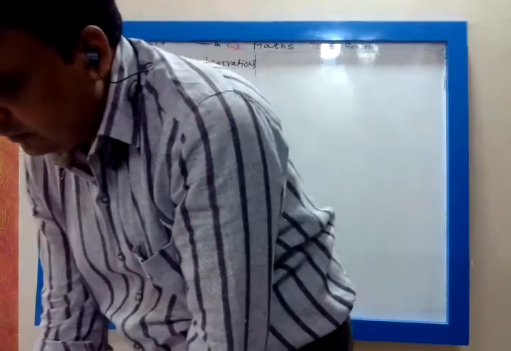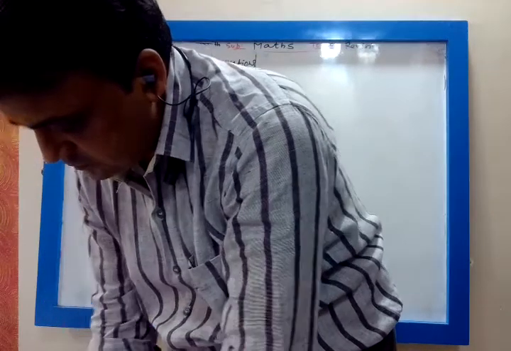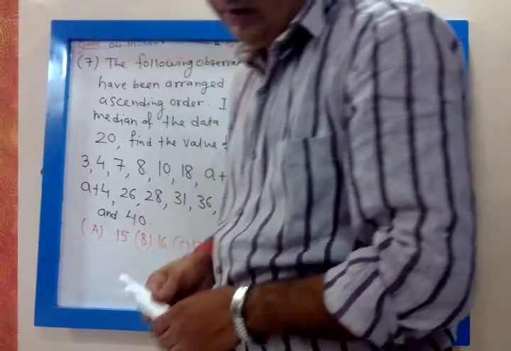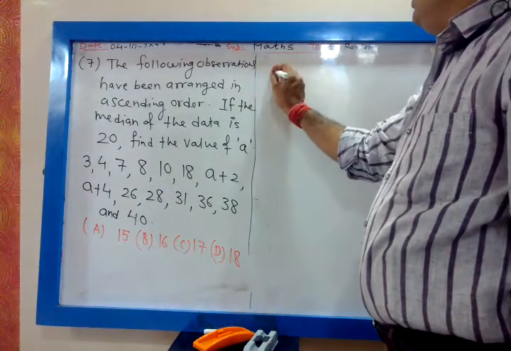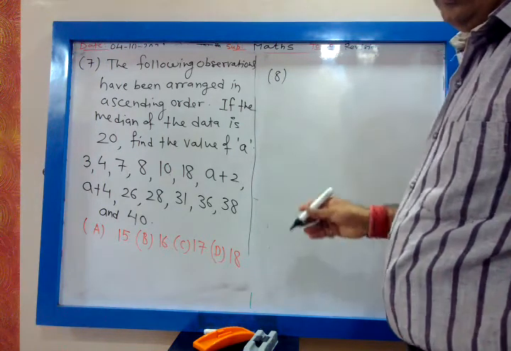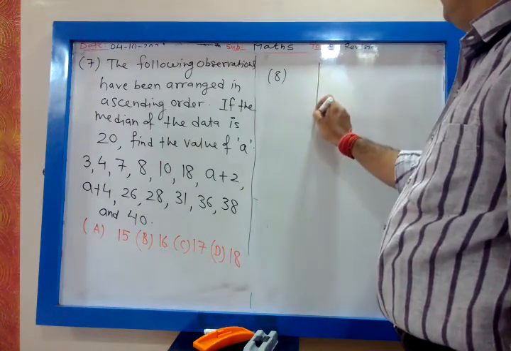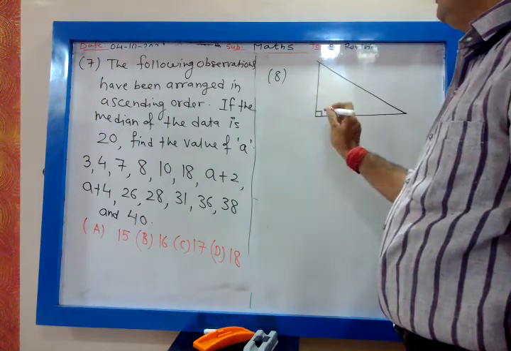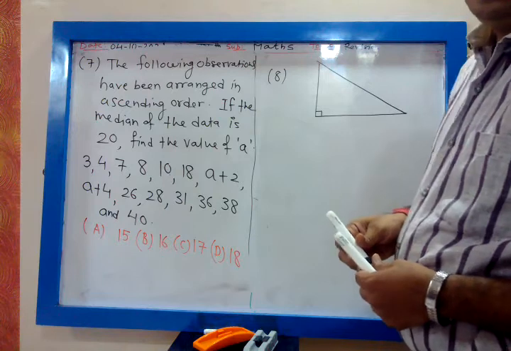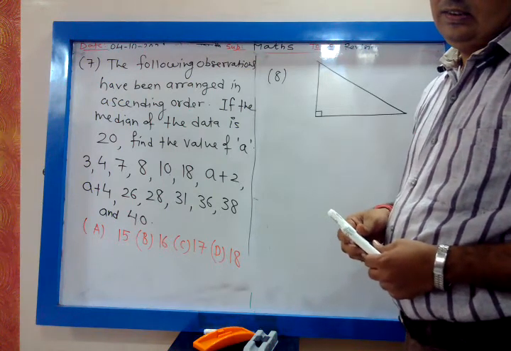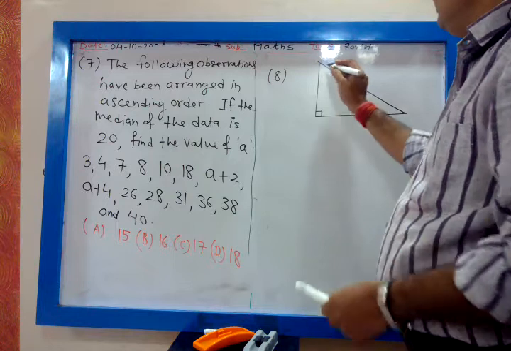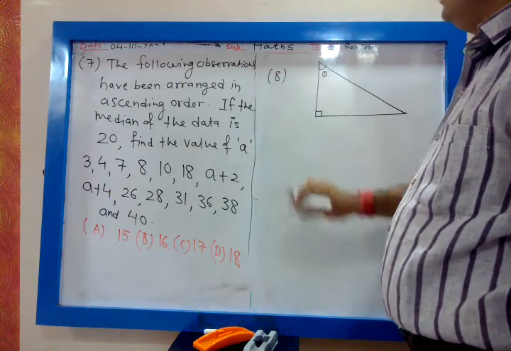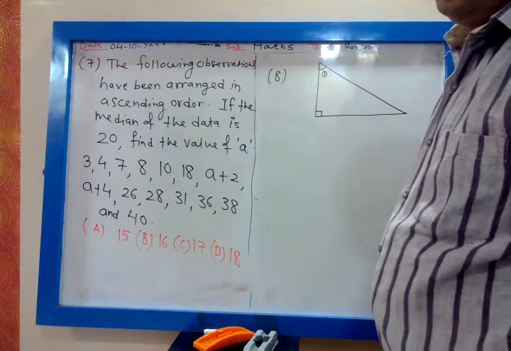Let me give one problem from geometry. 8th. You are given a triangle. This is a right angle triangle. This angle is given theta.